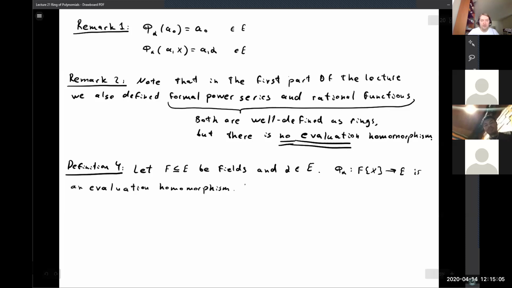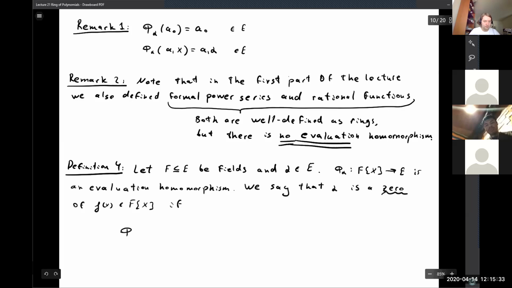Then we say that alpha is a zero of a polynomial f of x in this ring of polynomials over F if the evaluation of f of x at alpha, as you might guess, is 0, which we also denote simply as f of alpha. Okay.